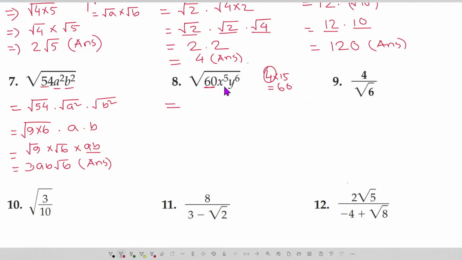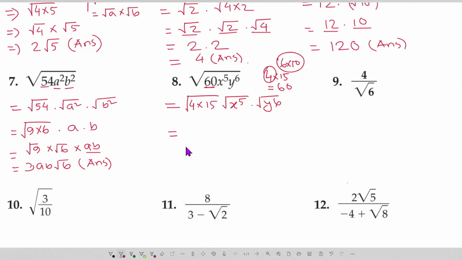But if you try to find the value like 6 times 10, it will make it more complex. So we can write root 4 times 15, then square root x to the power 5 times square root y to the power 6.